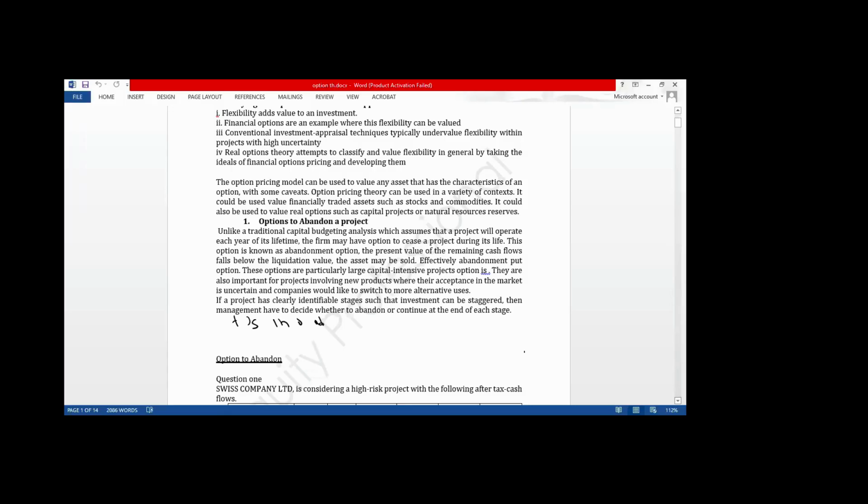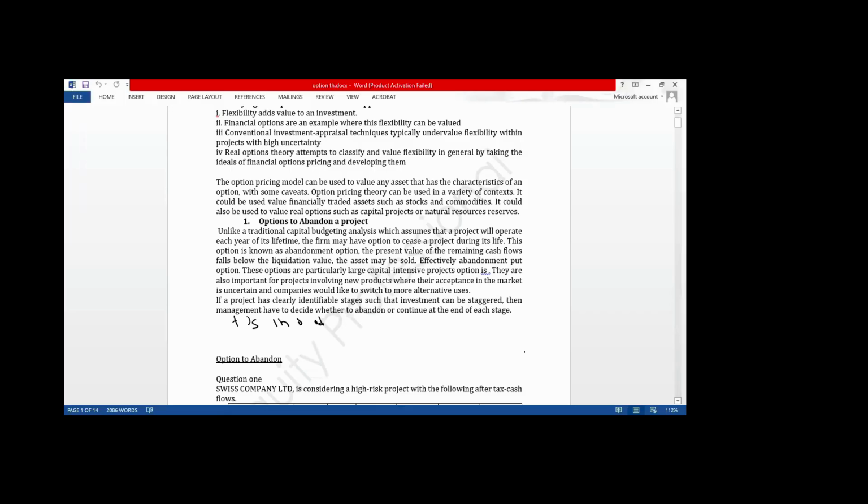For example, you have a project for 5 years. From year 0 to year 5, you are going to invest 500 million in year 0. That is the initial capital outlay. You now have year 1, year 2, year 3, up to year 5. You have the cash inflow for year 1, cash inflow for year 2, up to year 5.